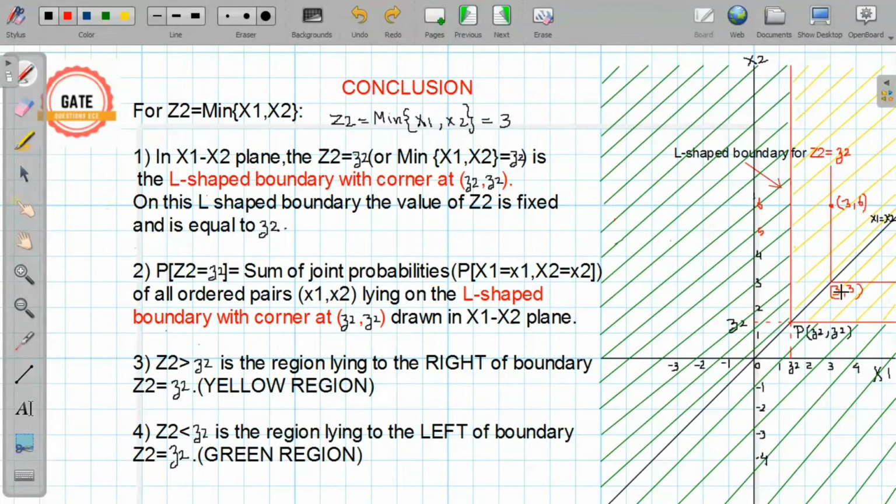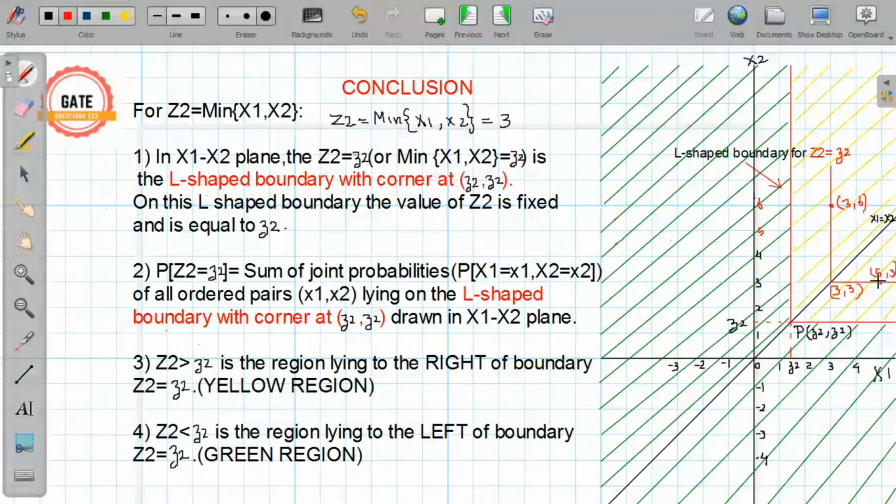Similarly, on this section of the boundary, if we take any point, for example this point, it will be 5, 3. If I observe the value of Z2 at this point, Z2 will be the minimum of 5, 3, so Z2 will be 3. Similarly, for any other point on this section of the boundary, Z2 will be 3.